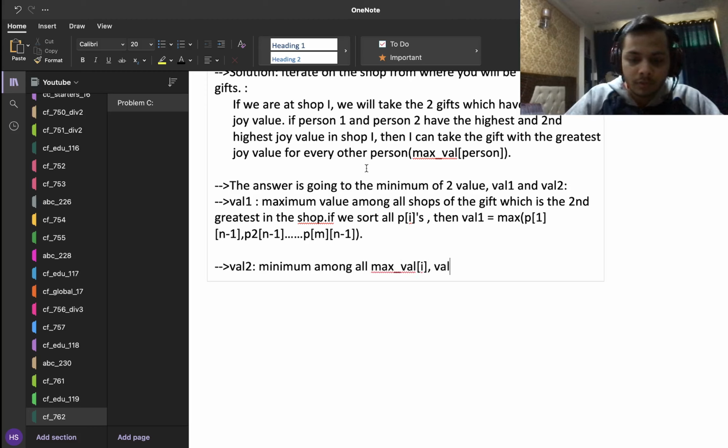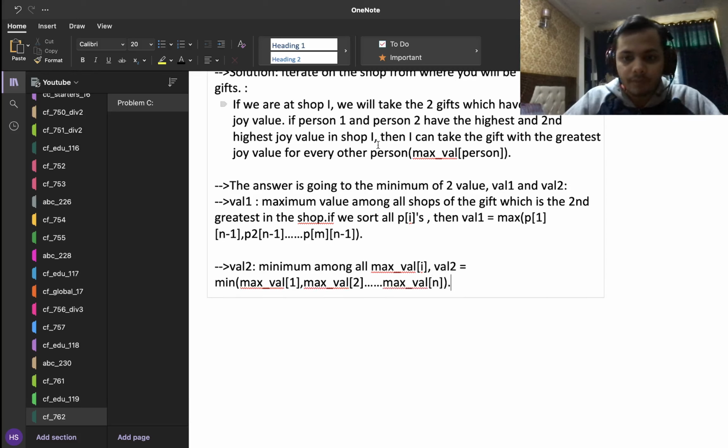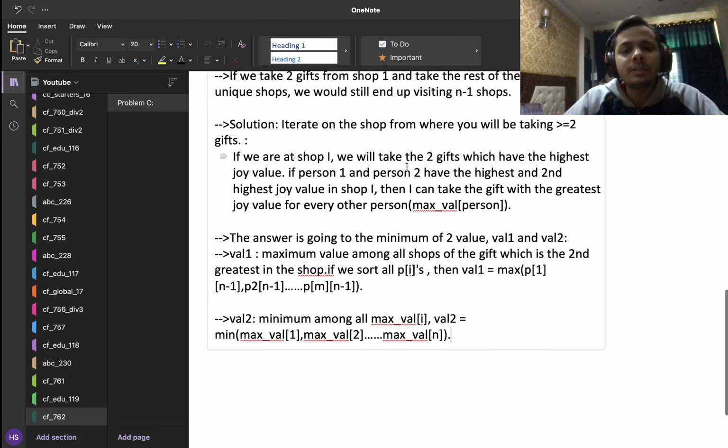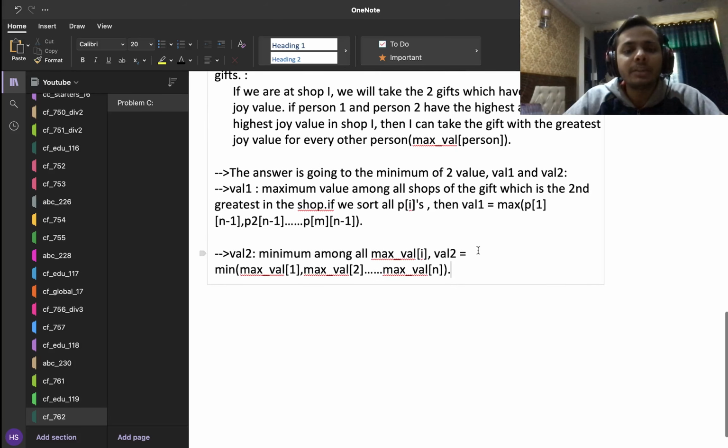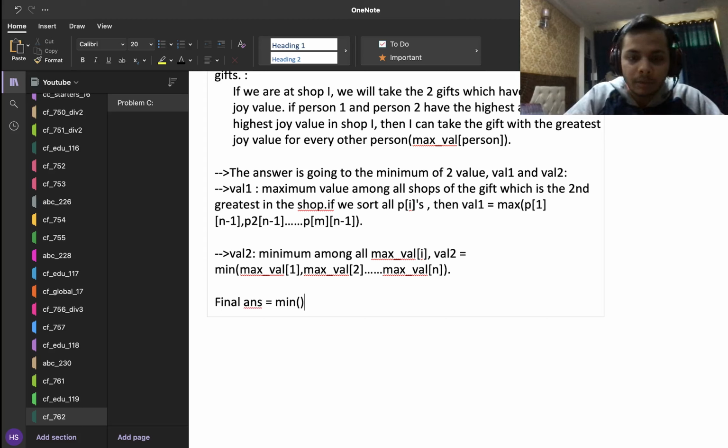So val2 is equal to the minimum of max val1, max val2, up till max val n. So I'm just writing down the same solution in a different manner such that the implementation becomes easier. So the final answer is just going to be the minimum of val1 and val2.